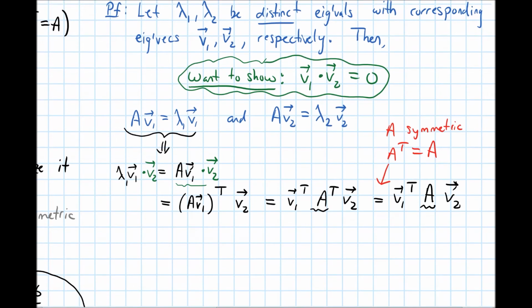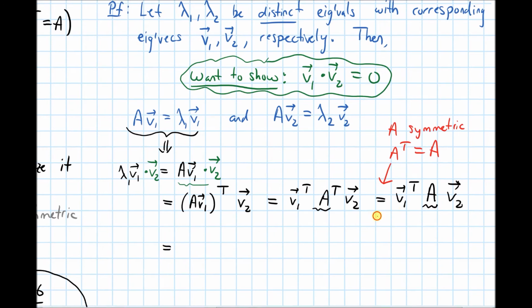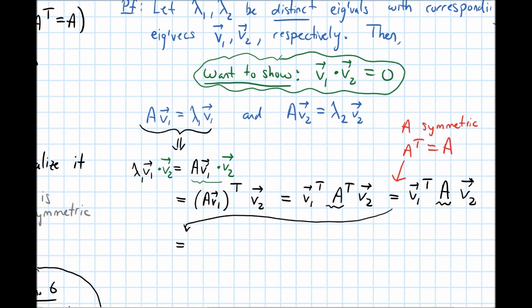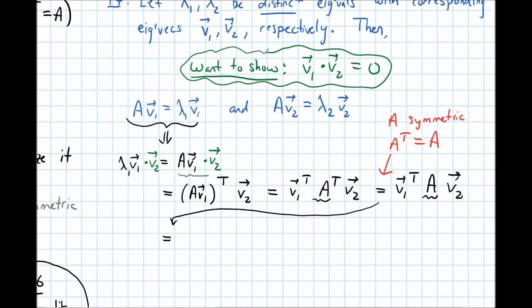All right. So now what does this equal? We can continue this down. Well, we have the v1 transpose in the front. And then A times v2, we know from here that A times v2 is lambda 2 times v2. So we have lambda 2 times v2.